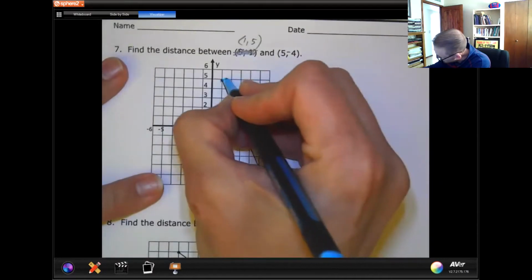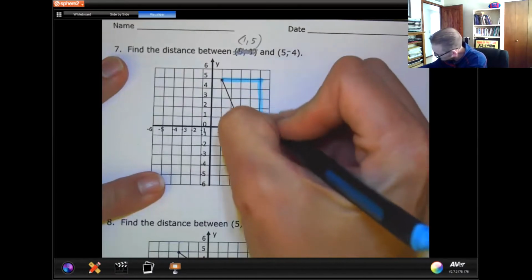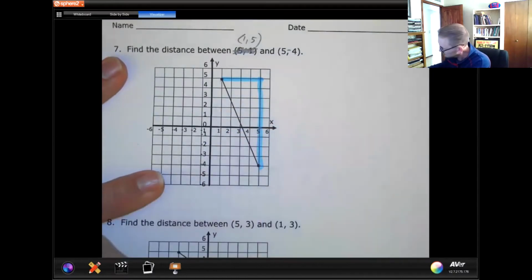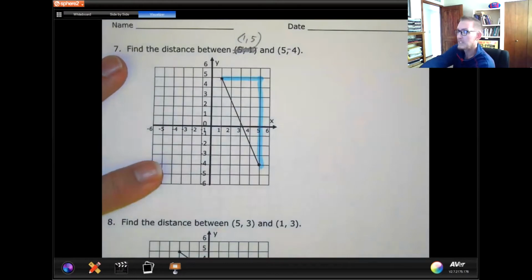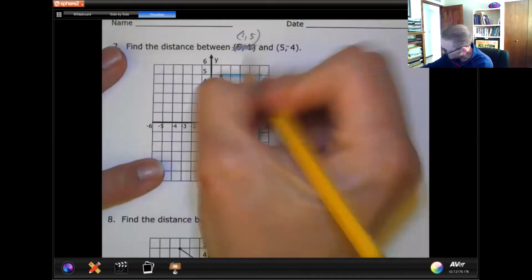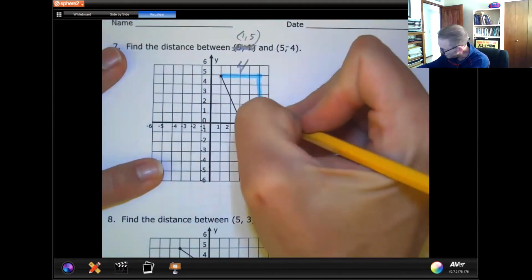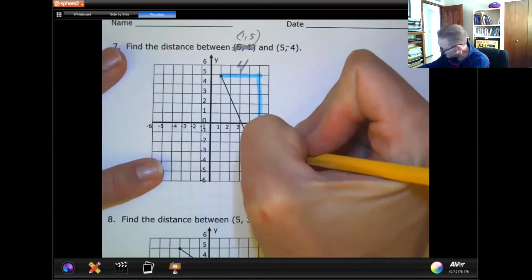So I plot my points. And I get 1, 2, 3, 4. And then 1, 2, 3, 4, 5, 6, 7, 8, 9.